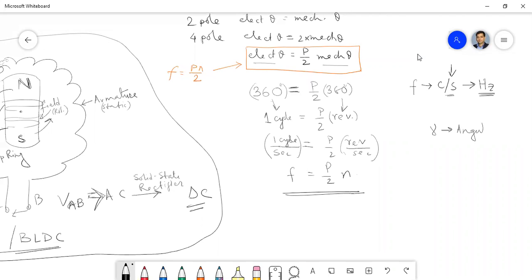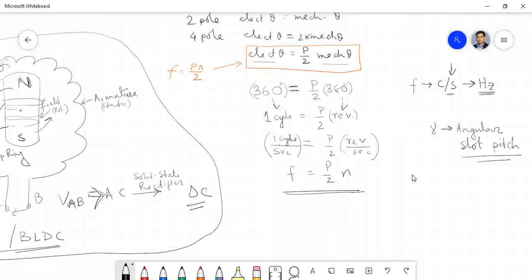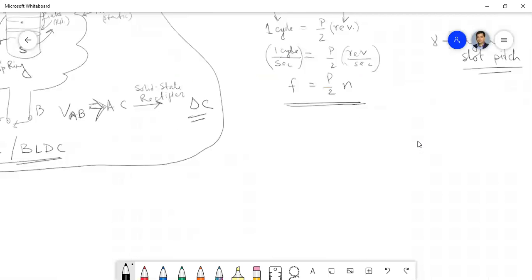Remember, we used gamma as a specific notation for angular slot pitch. So electrical angle can be anything: theta, alpha, anything. It's an angle.